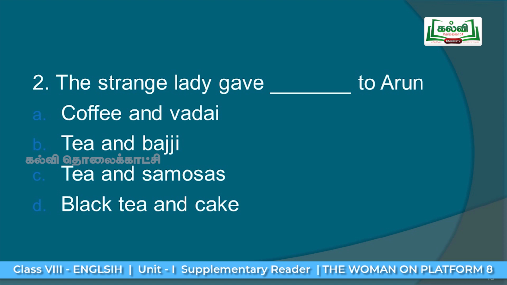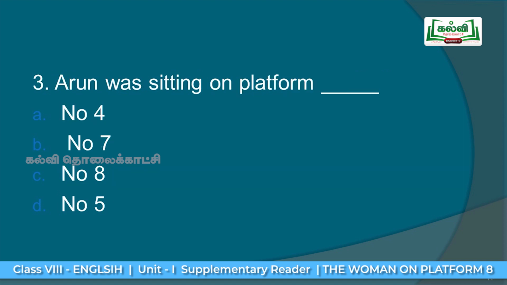The choices are coffee and vadai, tea and bhaji, tea and samosas, black tea and cake. Yeah, tea and samosas. Very good. The third one is, Arun was sitting on platform number 4, number 7, number 8, number 5. Yeah, it's platform number 8. You are correct. Very good.